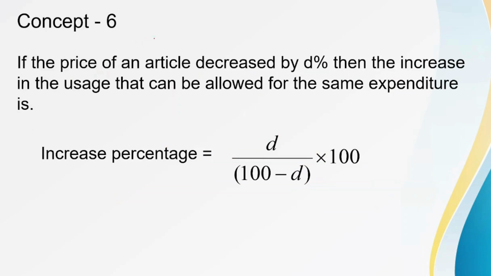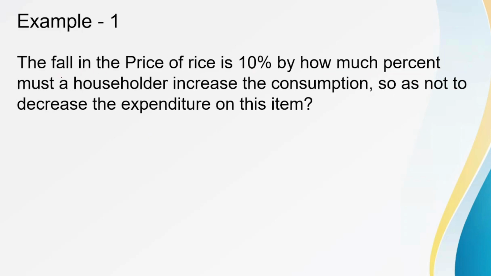If we have a reduction or decrease in the price of d%, then the consumption is to be increased, and we calculate this increased percentage in consumption as d by (100 minus d) into 100. So now we can discuss this with the help of example 1.